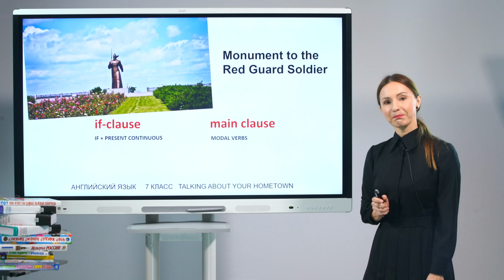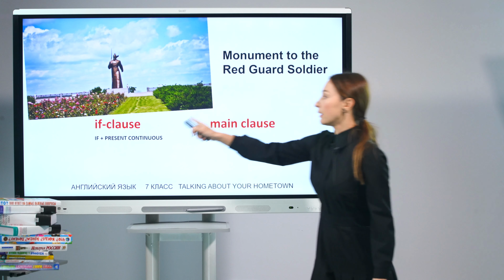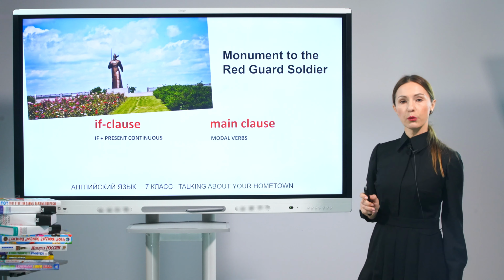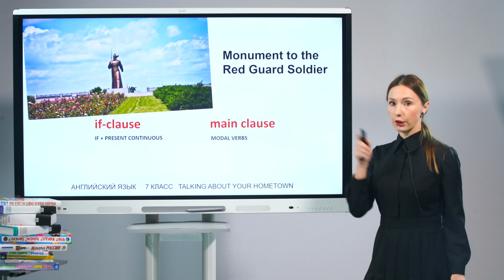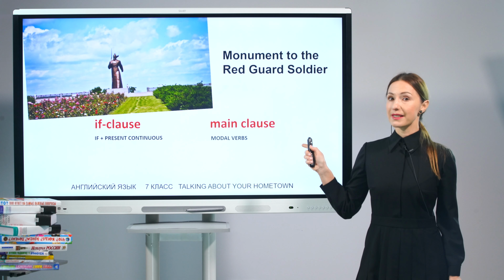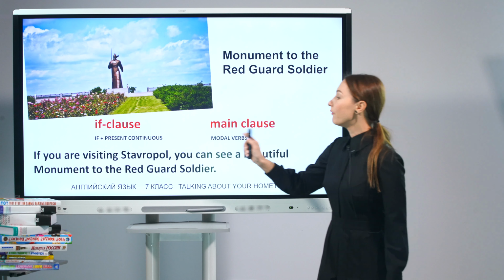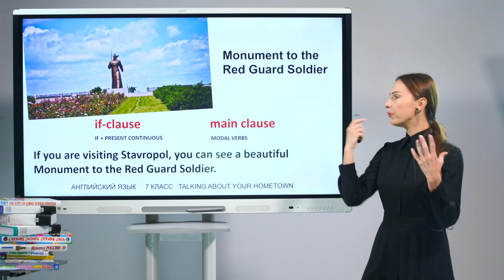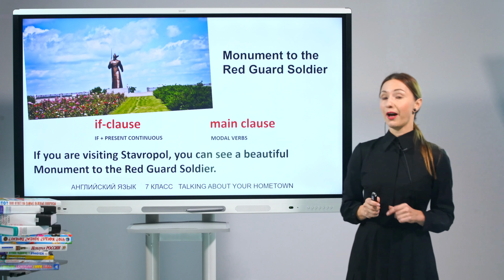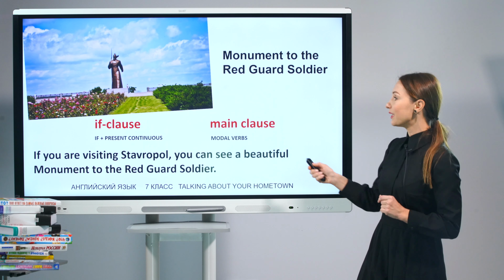Next one. You can use present continuous in this part, or modal verb in this part. Are you ready for my example? If you are visiting Stavropol, you can see a beautiful monument to the Red Guard soldier. Okay, I think you have a very good sentence here too.